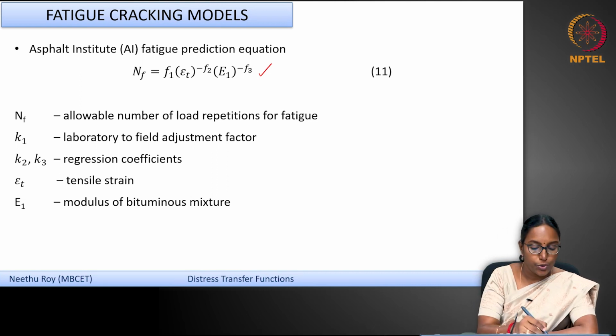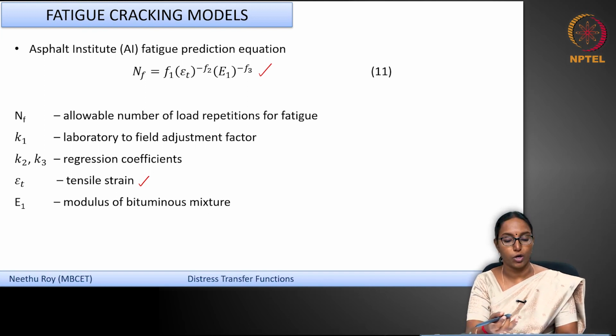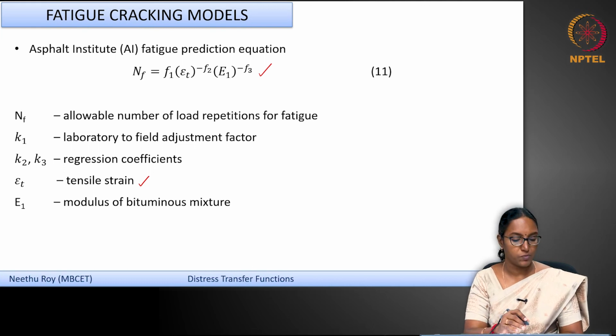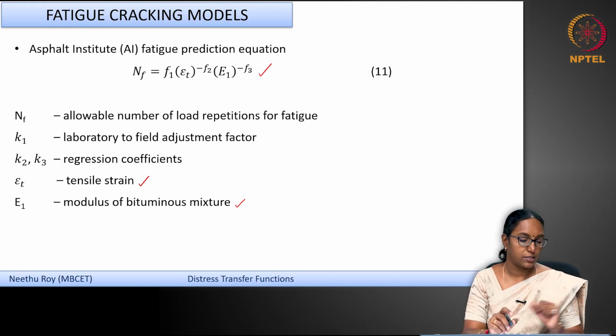Now how do you get this tensile strain in the pavement structure? For a particular load application, you can find the critical strain at the bottom of the bituminous layer, that forms the tensile strain here, and E1 is the modulus of the bituminous mixture, and K1, K2, K3 are the regression coefficients, where K2 and K3 are the regression coefficients, and K1 essentially represents the laboratory to field adjustment factor.